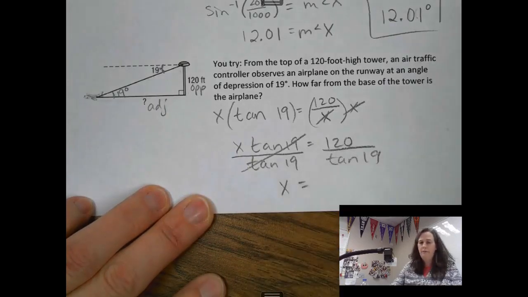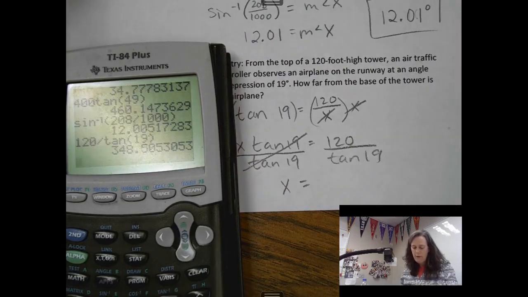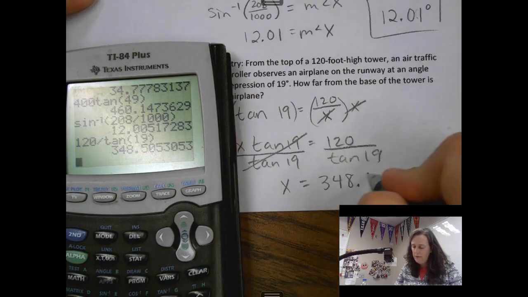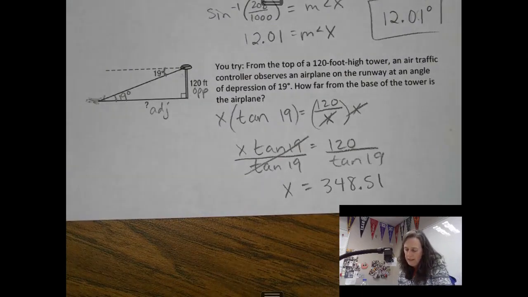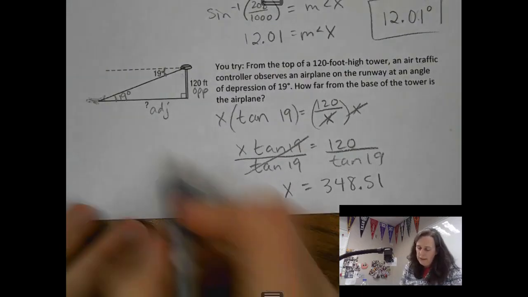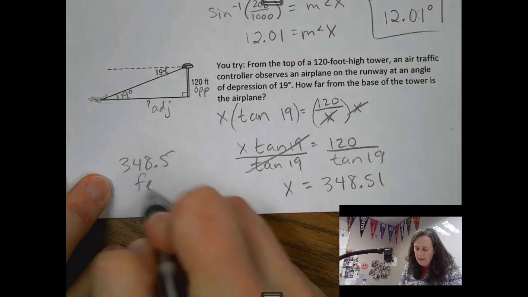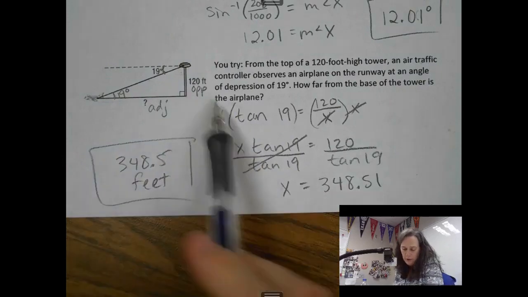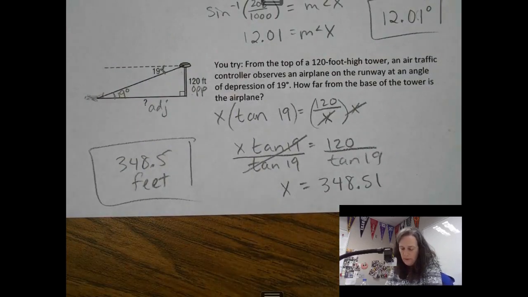So 120 divided by the tangent of 19 is 348.51. And were those feet? Those are feet. So 348.5 feet from the air traffic control tower to that airplane out on the runway.